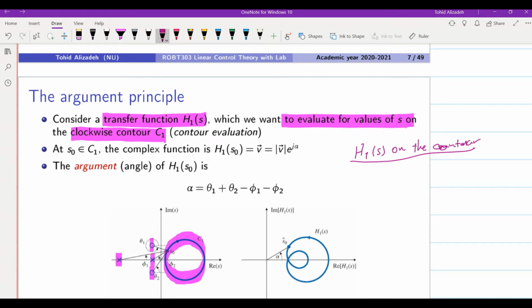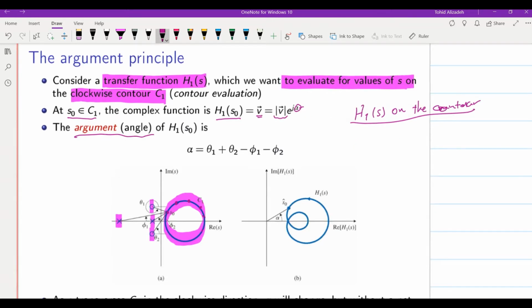So if we do that for any given point on the contour, like S0, S1, S2, S3, S4, and so on and so forth, for the evaluation of h1 at that point, we will get a complex value, which could be divided into the amplitude and into the angle or phase. Alpha here is called the argument or angle of h1 of S0, and it could be obtained as θ1 plus θ2 minus phi1 minus phi2.